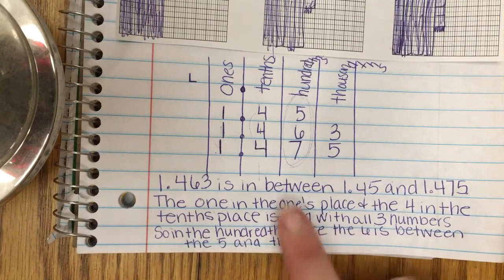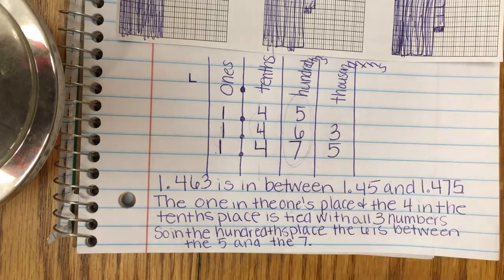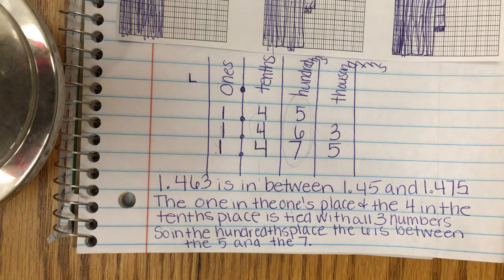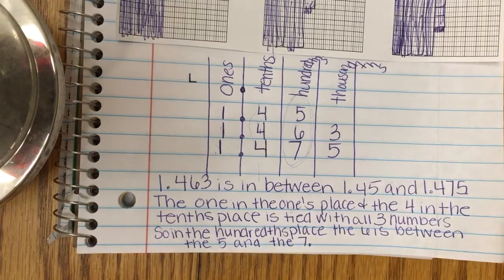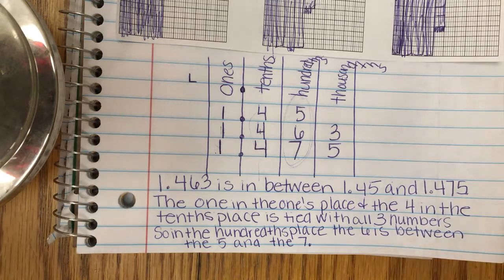So in the hundredths place, the 6 is between the 5 and the 7. So in my explanation, I used place value words. That's showing the person who is reading this that I understood place value and where digits were and where they fell. I'm going to practice more of this tomorrow.